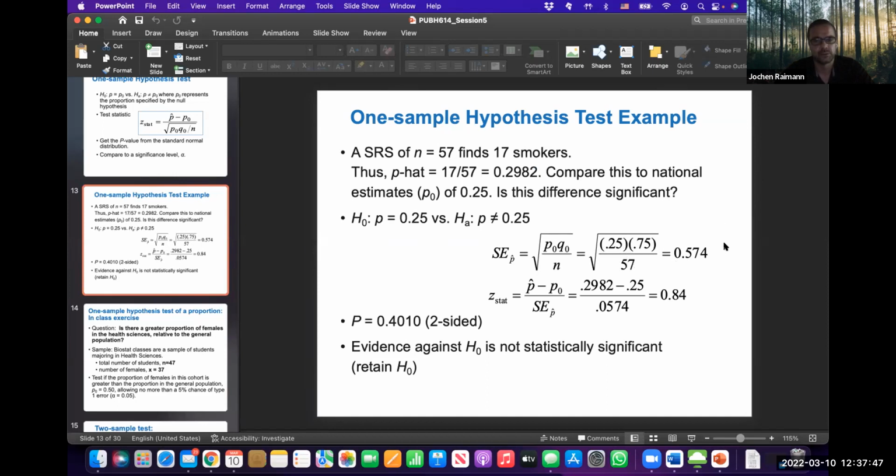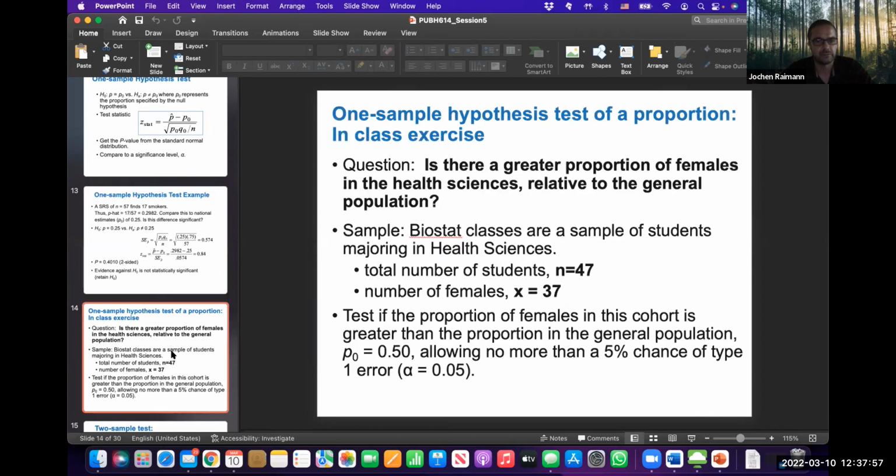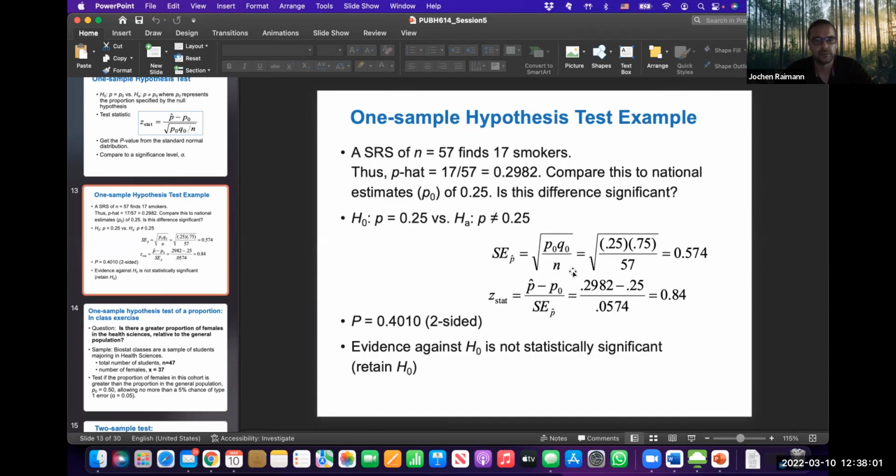So that gets you to your standard error. And then you calculate the difference between your proportion of females minus the proportion of the population, which is 0.5, right? This is your P0 divided by the standard error that you just calculated. And that gives you a z score. With this z score, you find the corresponding p-value, but that's a one-sided p-value. You multiply this by 2, you come to the two-sided p-value.